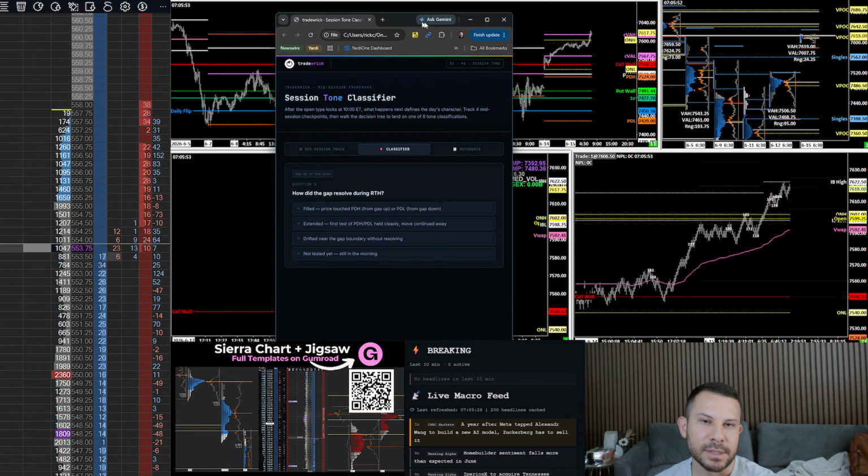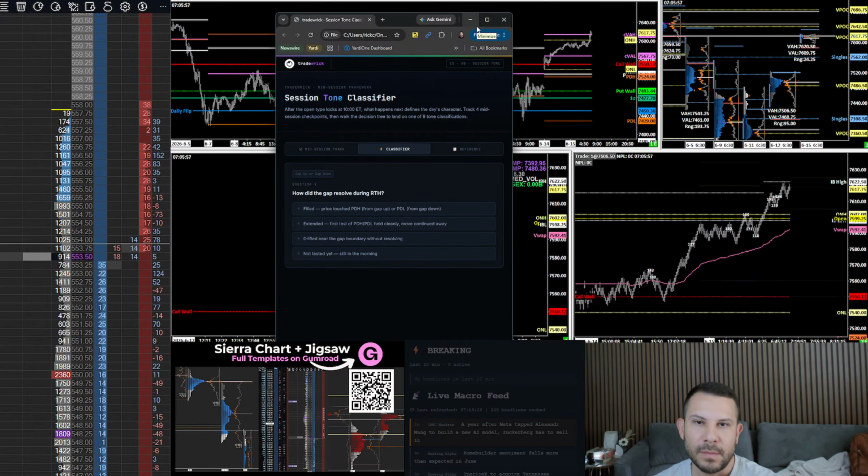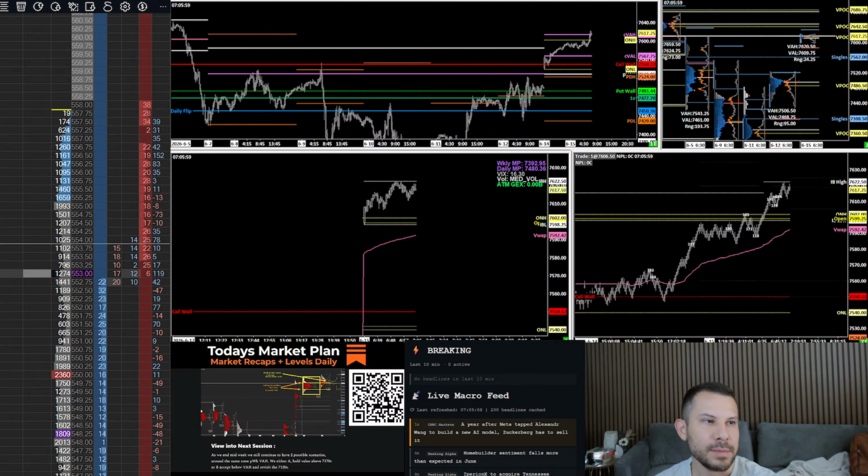Oh, okay, that makes sense. Volume is above RTH VWAP. Yeah, that gives strong conviction to the upside. That makes sense.